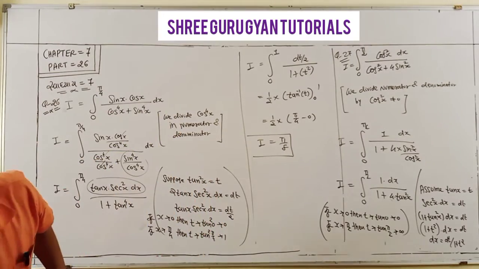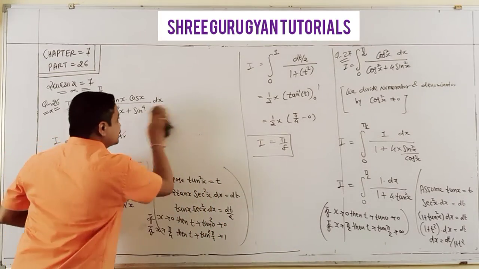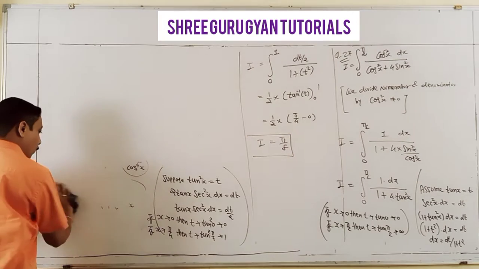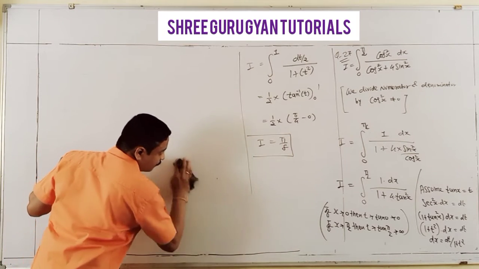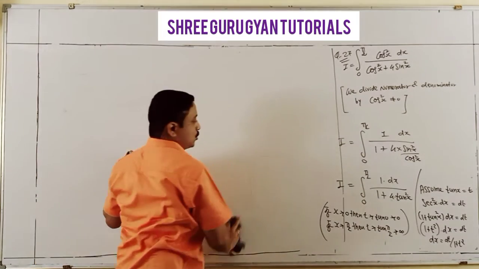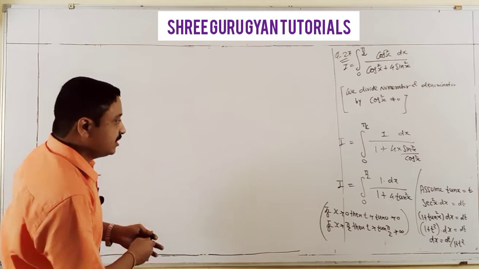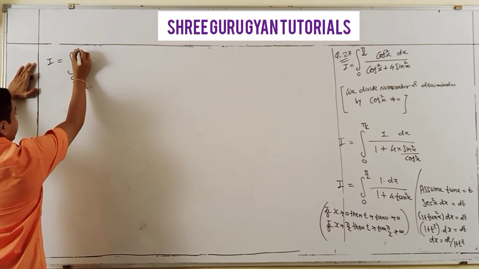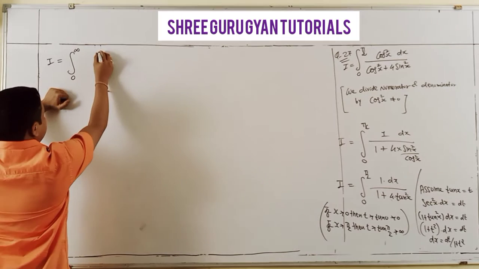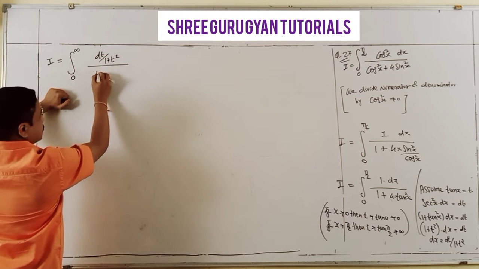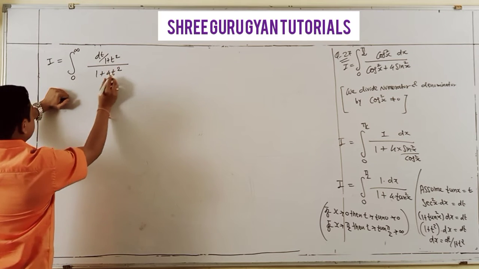Now I go slowly in my solution. I put my limits in the dt form: 0 then 0, pi by 2 then infinity. For dx I have dt by, and downwards 1 plus 4t square.